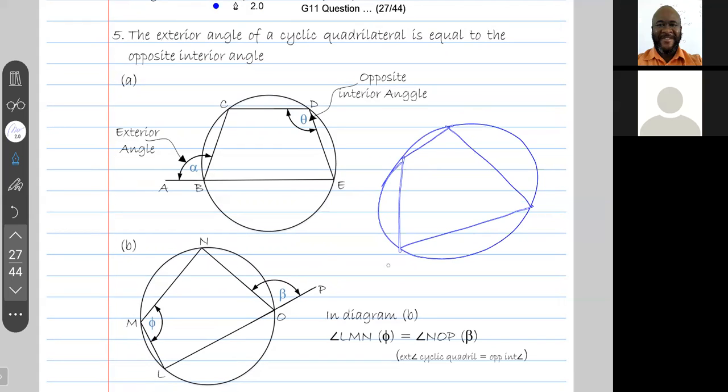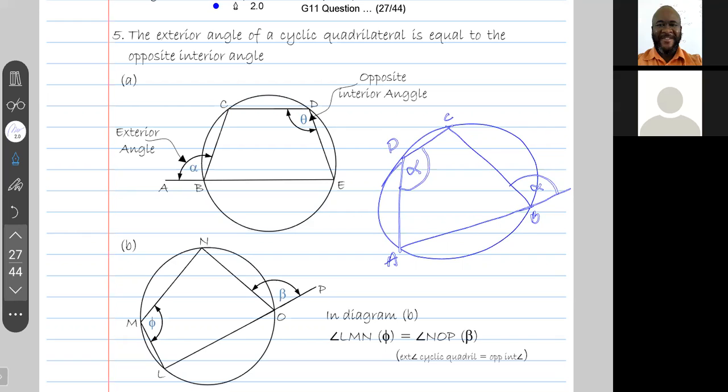Let's just say that this is A, B, C, and D. If we extend, let us say, the side at B, the angle that is formed on the outside is called the exterior angle. Let us say that this is alpha. If this is alpha, this is also equal to alpha. Now, the angle inside is called the opposite interior angle. So the exterior angle of a cyclic quadrilateral is equal to the opposite interior angle.